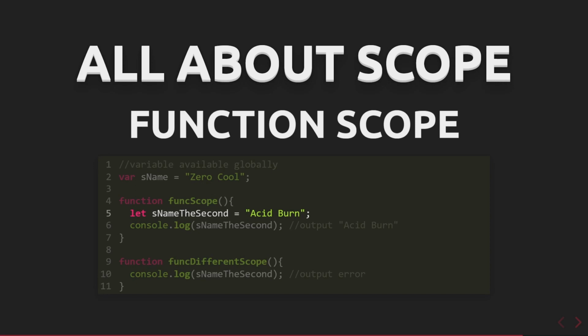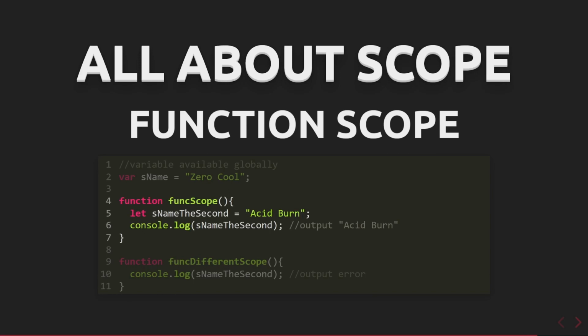Function scope means that if you declare a variable inside a function, it is only used in that function and nowhere else. In this example, we have another variable called sNameTheSecond, which equals acid burn. sNameTheSecond is only available within the funcScope.